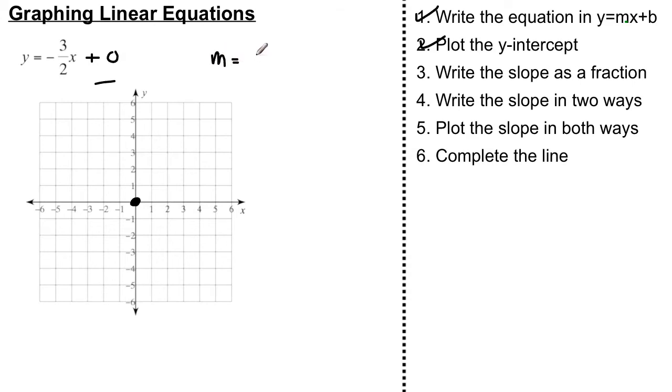So the slope is negative 3 over 2 or 3 over negative 2. Okay, and remember what this says is this is rise and this is run, or up down, left right. So this says you rise negative 3.